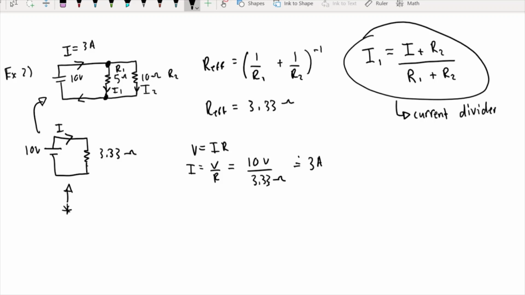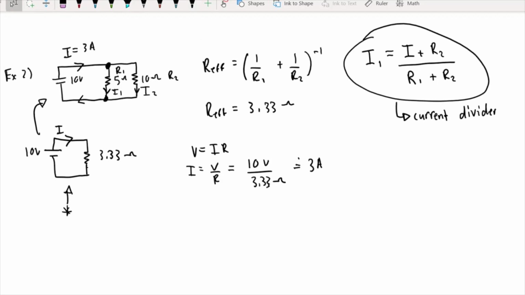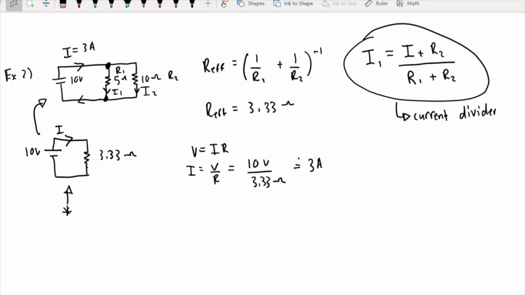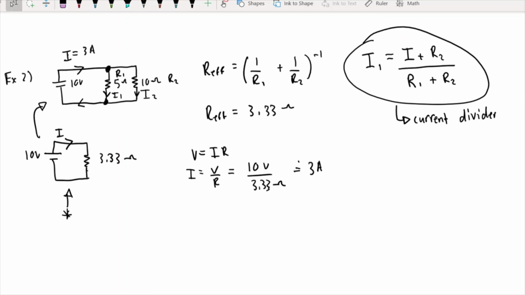And if you think about it, the more resistance something has, the harder it is for current to travel through it. So the current is going to be higher wherever there is the least resistance. So the current is going to be higher for the 5 ohm current path. You could also look at the current divider equation and tell that since it's multiplying by 10 up here instead of 5, the 5 ohm path is going to have higher current. So let's solve for I1.